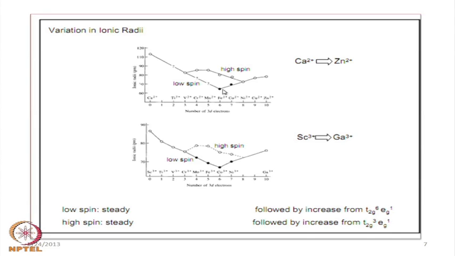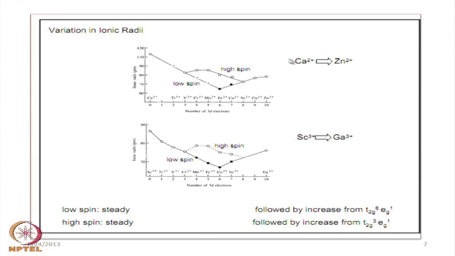Here it is half occupancy, and here full occupancy of the t2g set, and the radius decreases steadily up to this configuration of t2g6. Then again it will increase for nickel, zinc and all these.